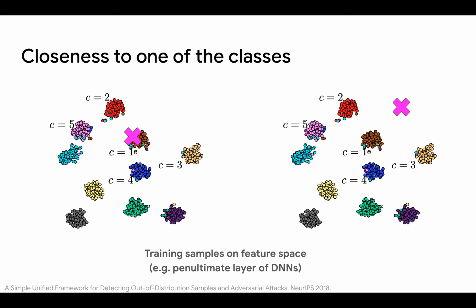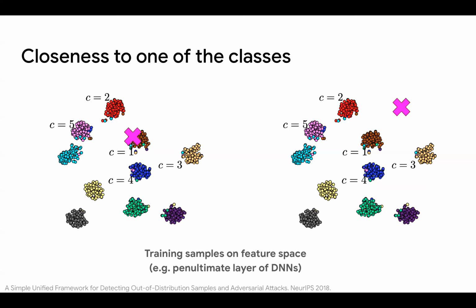So one simple way to measure closeness to the training samples is by measuring the closeness to one of the classes. And here, all the distances are kind of measured in the feature space, the penultimate layer of the neural network, which is right before the linear classification layer, okay? And here, the color encodes the classes, 1, 2, 3, right?